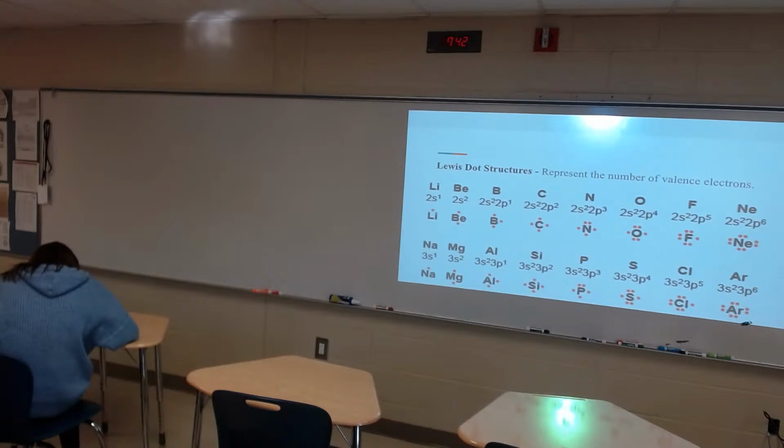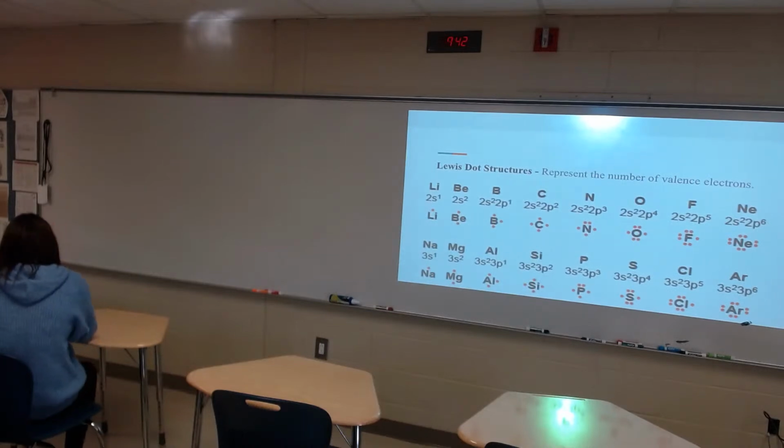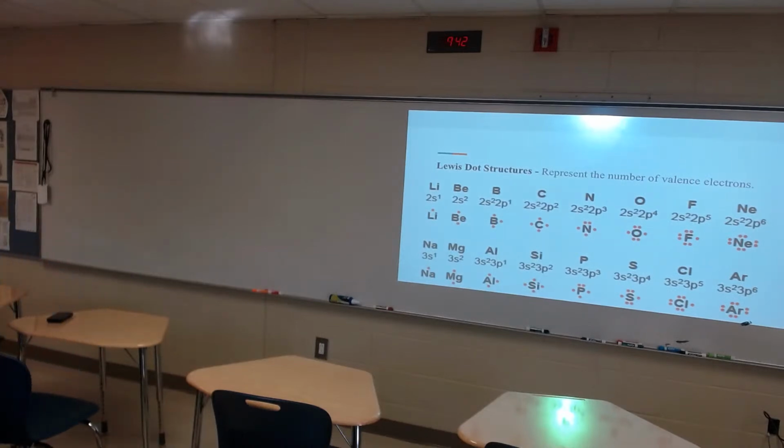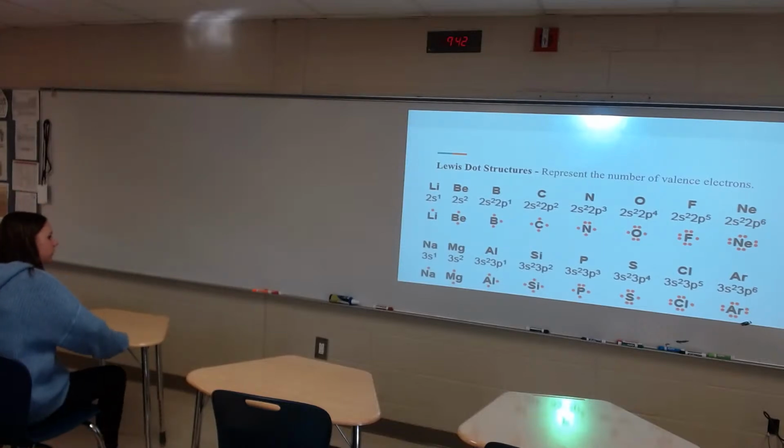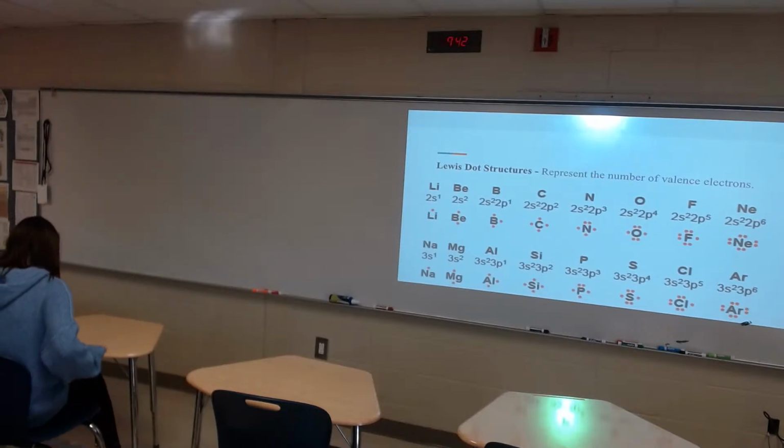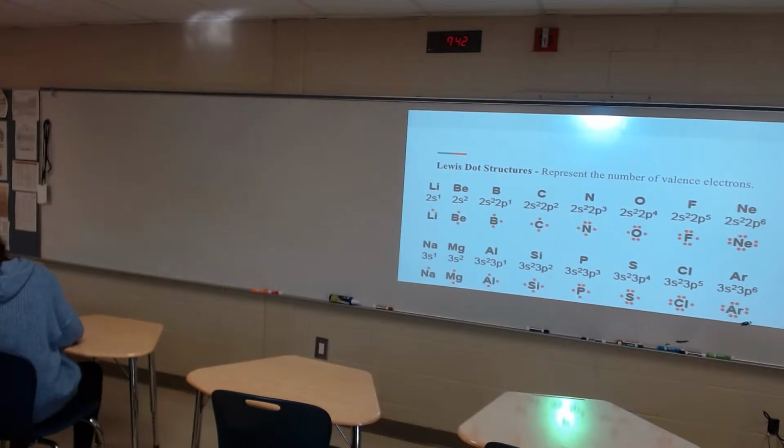Okay. All right, here we go. What's that on the board right there? What are those things? The dots. Lewis dot structure says it right there, right? Yes, it's dots. What's the purpose of a Lewis dot structure?